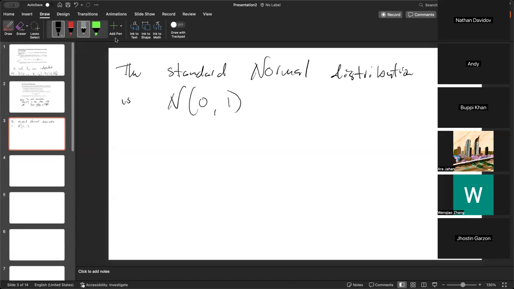So this 0 is my mu, and 1 is my sigma squared, okay? Sigma squared is the variance, if you remember. So note, sigma squared is the variance, and mu is the mean, or the expected value.